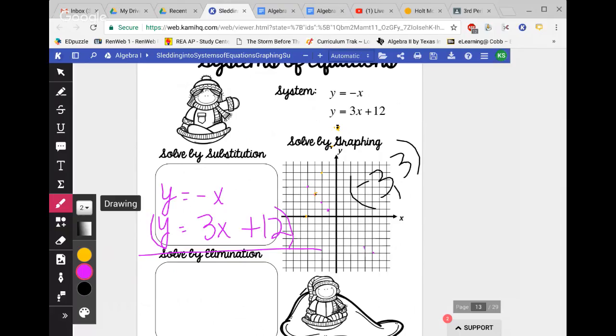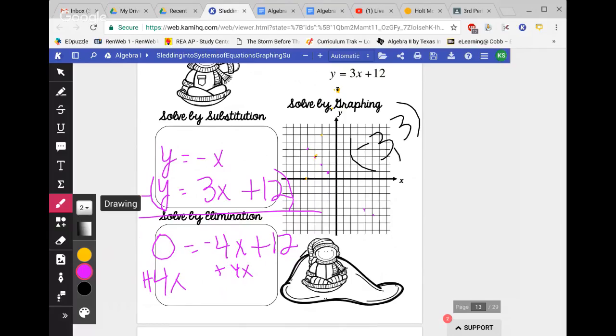So what we'll do is subtract them because both of our y's have a coefficient of 1. So y minus y gives us a 0. And then -3x minus 3x gives us a -4x plus 12. We'll move our x onto the other side.